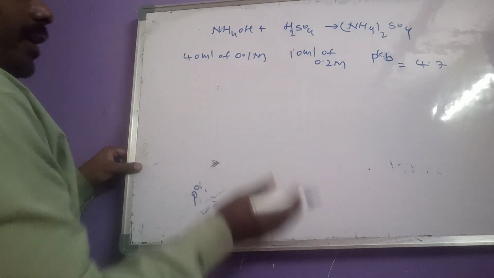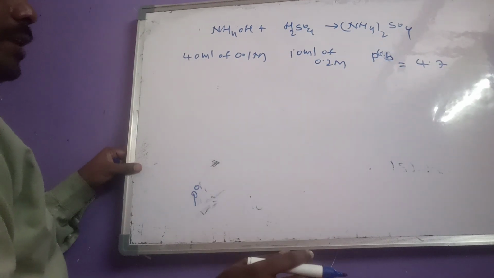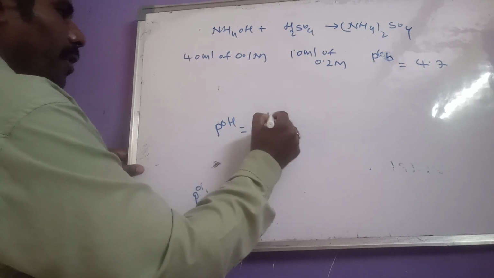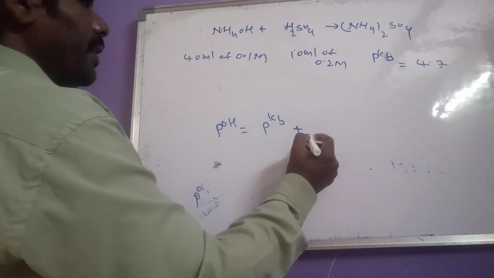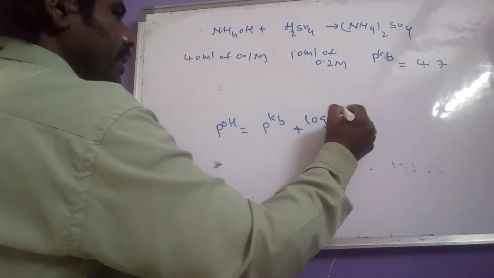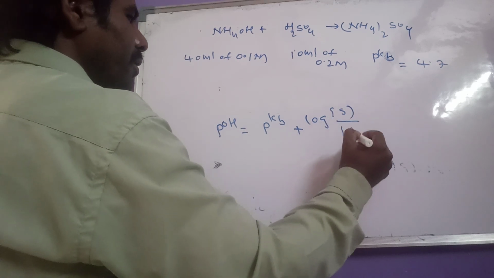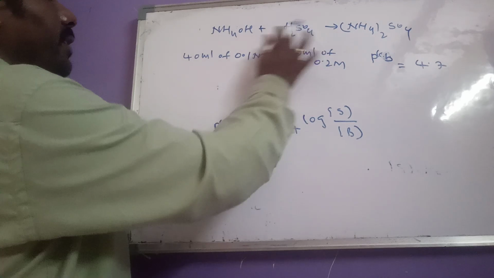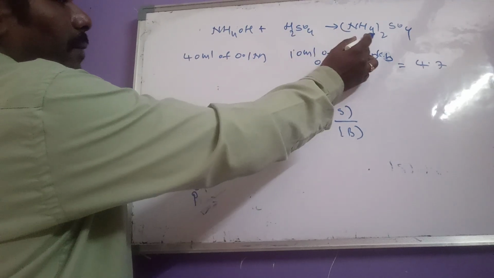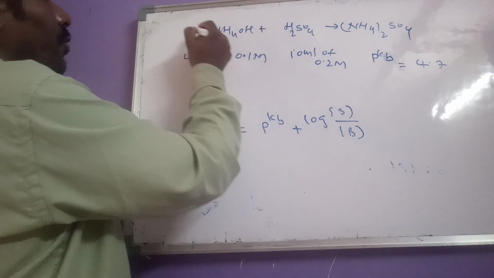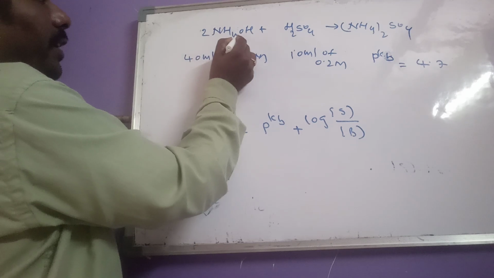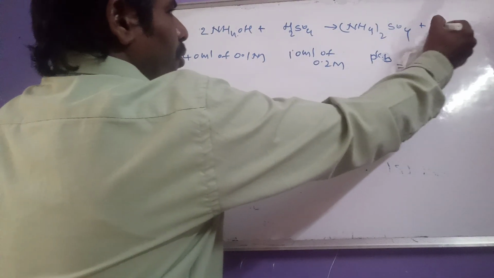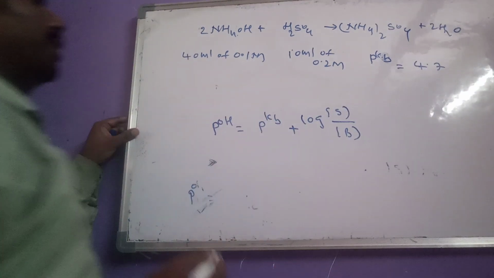To get pH, first let us go for the pOH value. So pOH equals pKb plus log of salt number of moles by base number of moles. Now let us see the equation here. To form (NH4)2SO4, 2 moles of NH4OH should participate in the reaction, plus you get 2 moles of water.